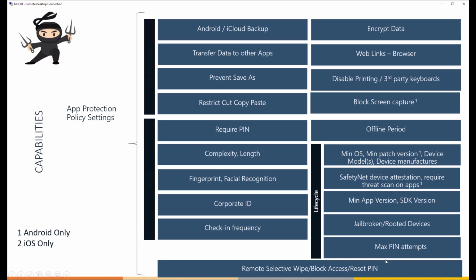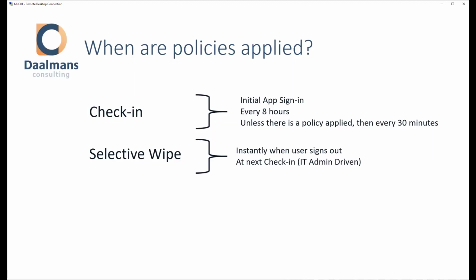And then of course we can check for rooted or jailbroken devices, and if the right app version is configured. And nowadays we can check if a user is disabled or not. And if something happened, we can selectively wipe the device or block access or reset the PIN, depending on the conditional launch.